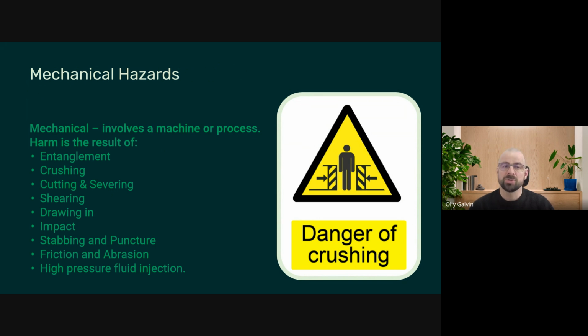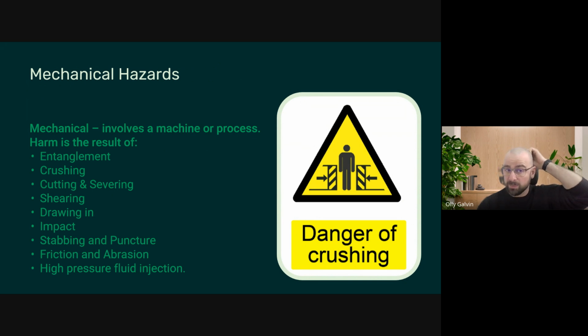Stabbing and puncturing involves a sharp edge or a spike puncturing the skin with a stabbing action. Friction or abrasion is if you think about a sanding disc, sandpaper, something fairly coarse rubbing against your skin over and over again, taking off those layers of the skin, abrading the skin, causing injury that way.